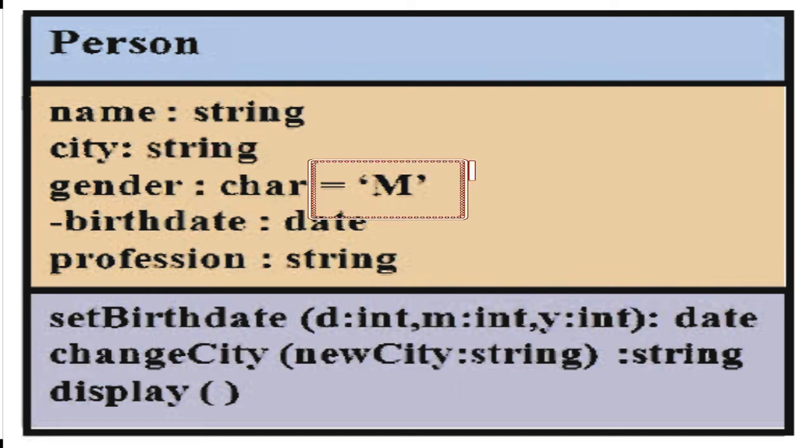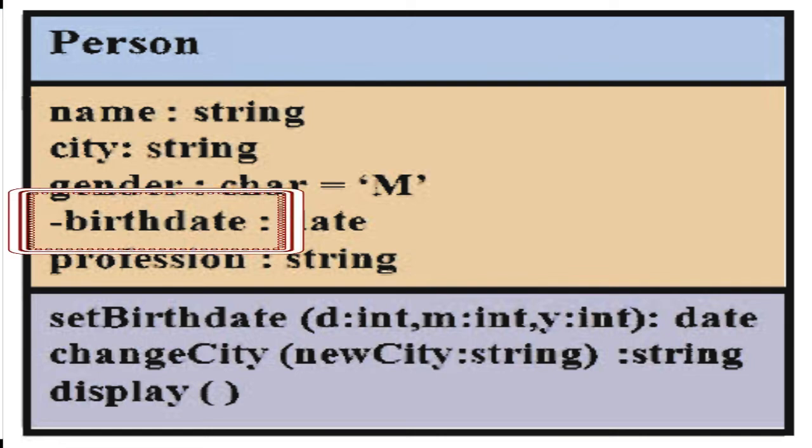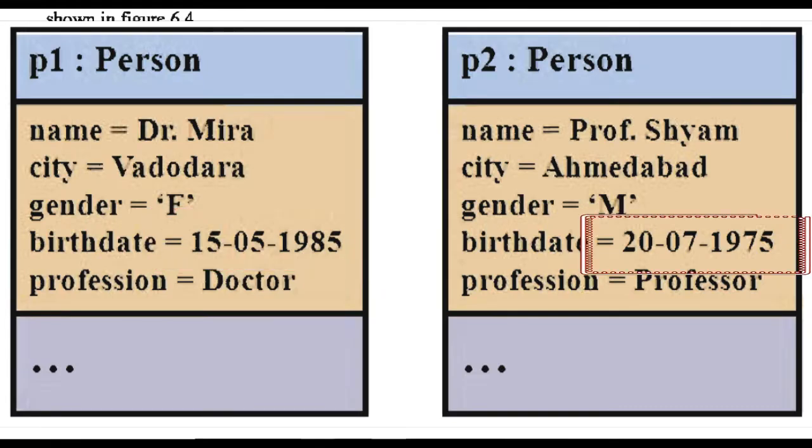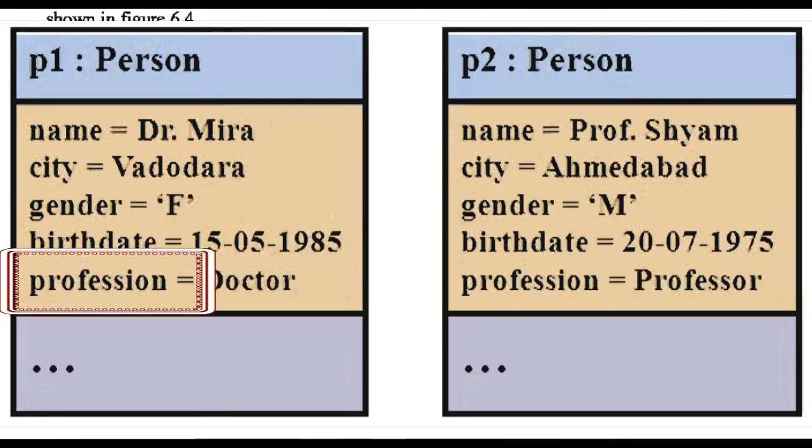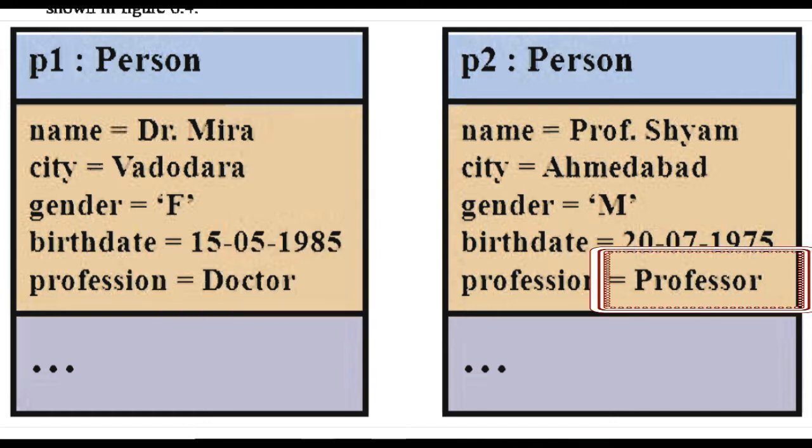And when we are assigning a value which has data type string, at that time we are supposed to write it in double quotes. Then the date of birth, that is the birth date, of the first person is this, the second is this. Then for the profession attribute, we are giving the value doctor, and here it is professor, for person two.